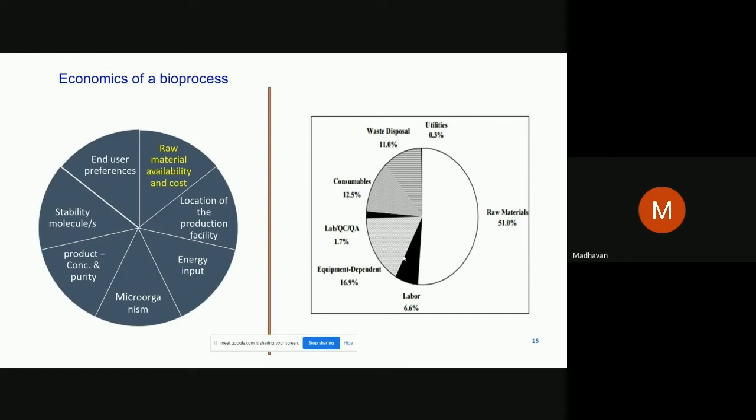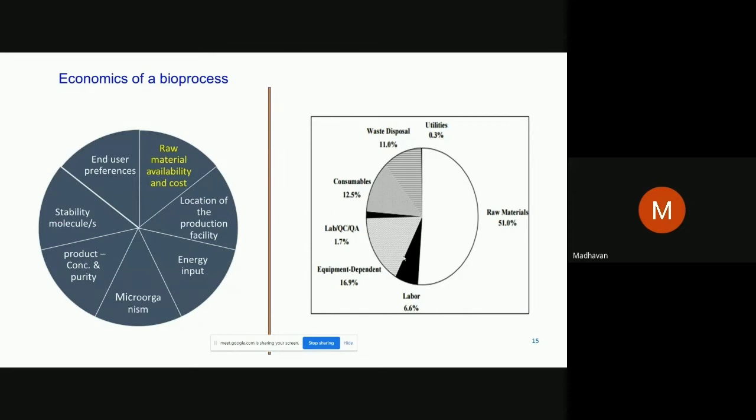And then location of the production facility, how effectively you have arranged your pilot plants and other things. If your inoculation is somewhere else and it gets transported to some other place for large scale production, then transportation and many other manpower charges, so many things will come.